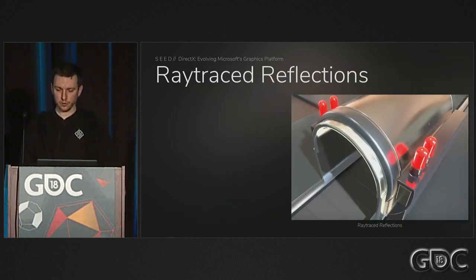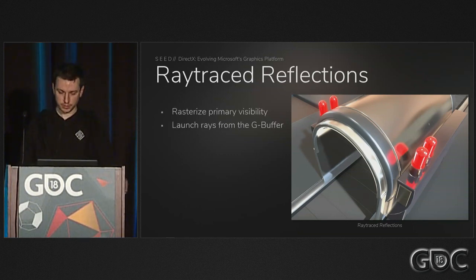So first, let's look at how we handled reflections with ray tracing. Like Johan said, we took a hybrid approach where we first rasterized primary visibility, and then we launched rays from the G-buffer. All of this is done at half resolution on 2x2 blocks, but obviously you can do this in full screen, in full res if you want.